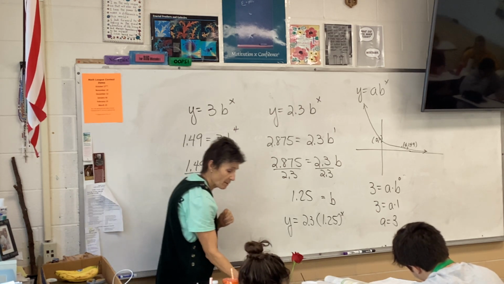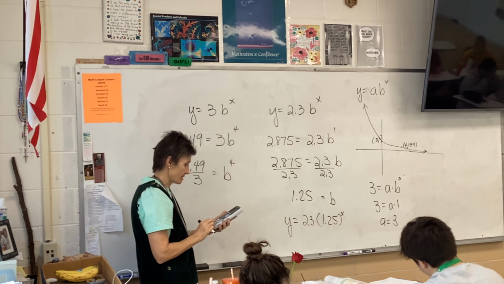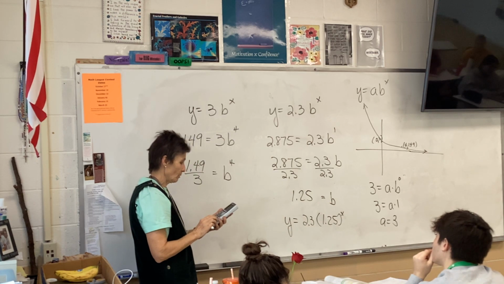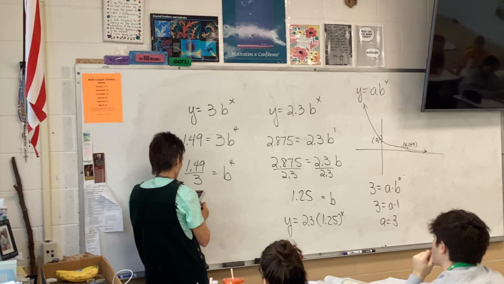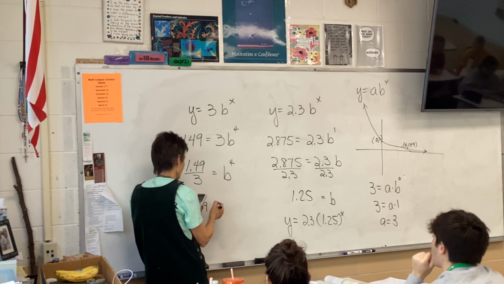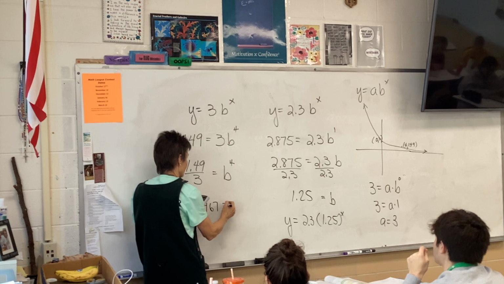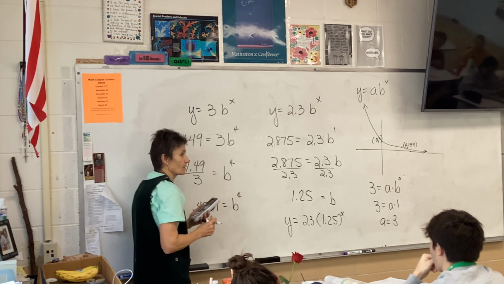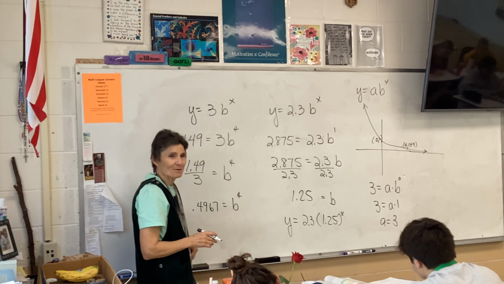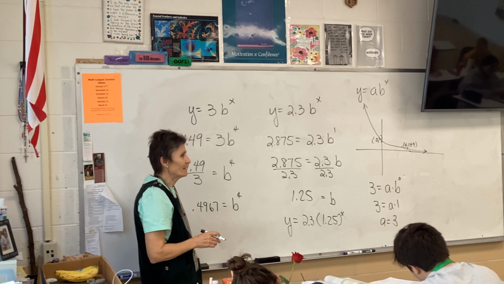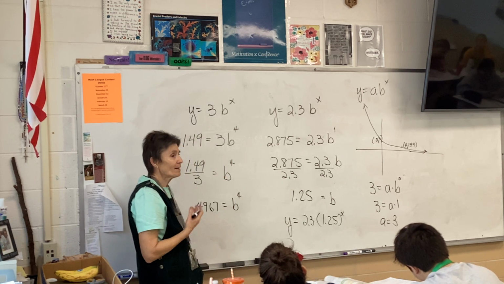Okay, I bet that's not nice. Oh, I got a low battery notice, time to change batteries. Did you get 0.4967 when you did that division? Now, yesterday, we did a lot of problems like this.